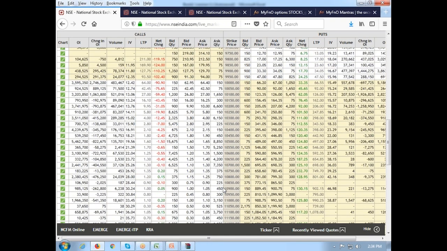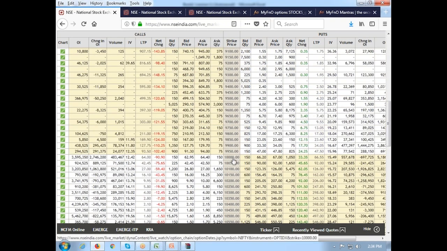Now why would you choose 10,000 or 10,100 or 10,200? You see, the trading happens in these prices. 62.50 is the LTP, the price of the option, the premium price, which is important for us to track. Why are these prices different when the underlying is the same? What was the definition of the strike price?